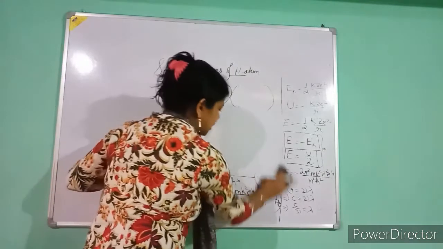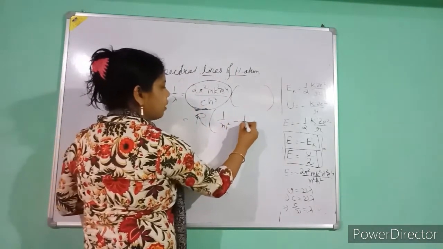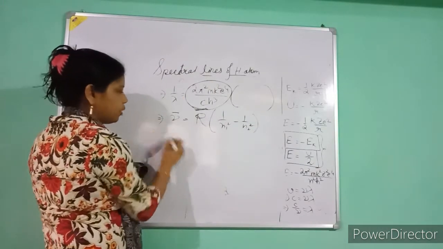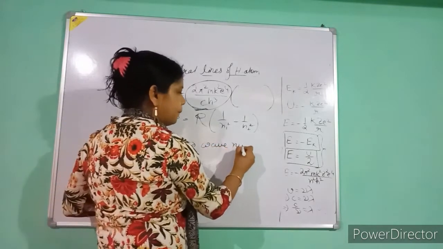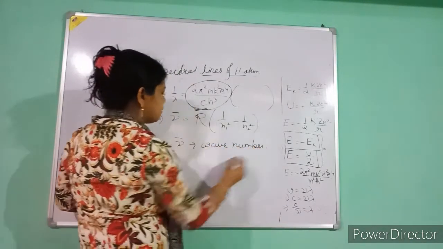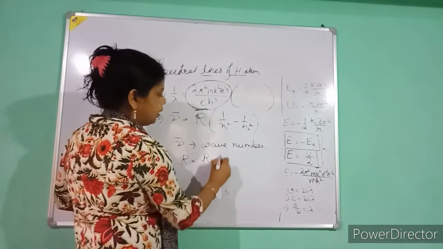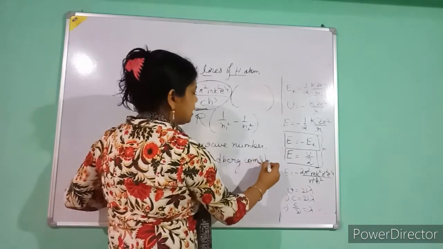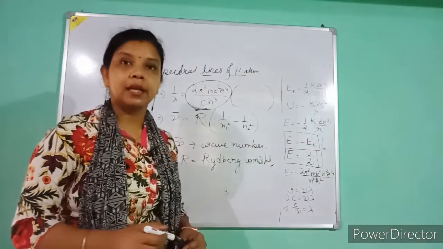The other term will be 1 by n1 square minus 1 by n2 square, and this is equal to nu bar. What is nu bar? Nu bar is the wave number. And what is my R? R is my Rydberg constant. So this is my derivation for today's class.